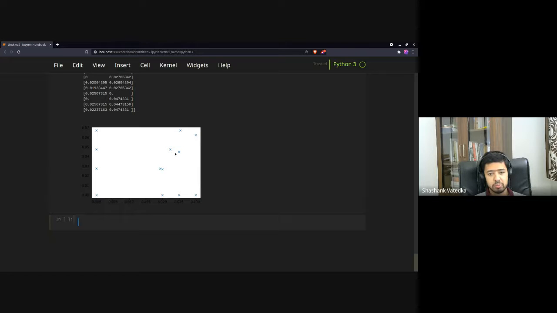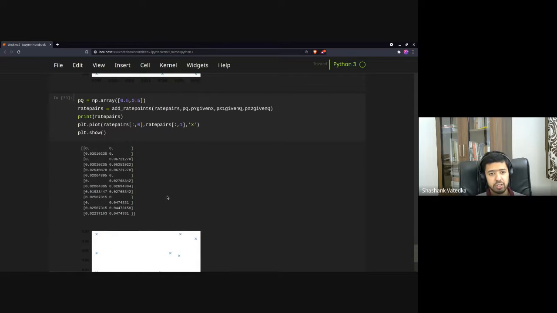So I'll get some other points. It actually turns out to be this set of points over here, and similarly I can vary over Q, and I'll get different sets of points.